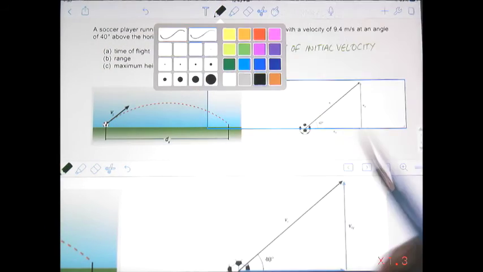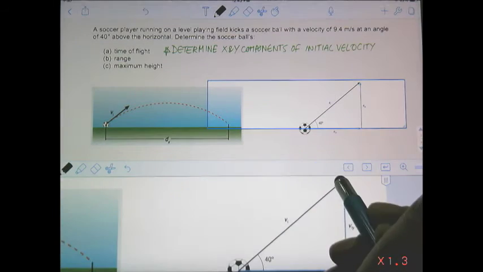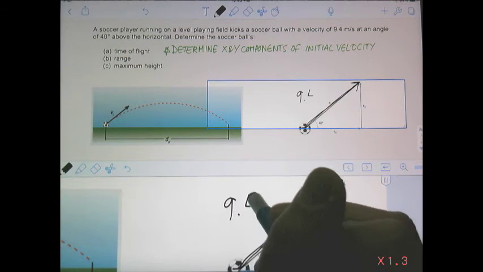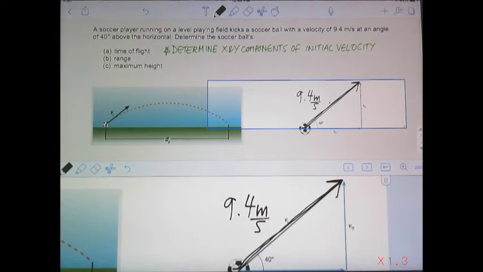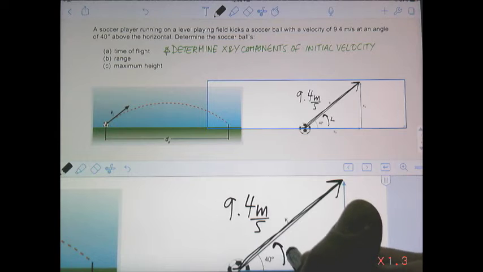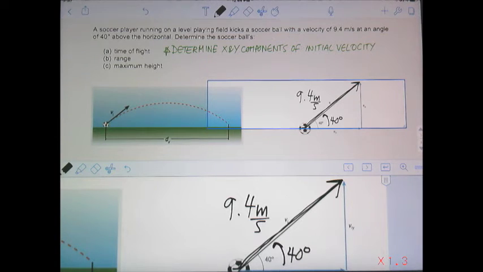So this object, the soccer ball, was given a velocity of 9.4 meters per second at an angle of 40 degrees to the horizontal.